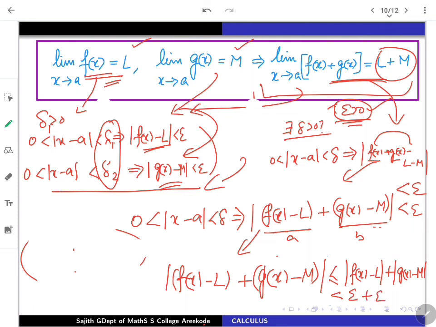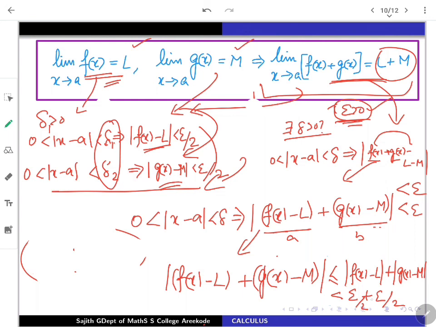So for the calculation, instead of working with the given epsilon, I can work with epsilon by 2 in each place. This is possible because for any epsilon, deltas are possible. So once an epsilon is given, according to epsilon by 2, find delta 1 and delta 2 that satisfy that.